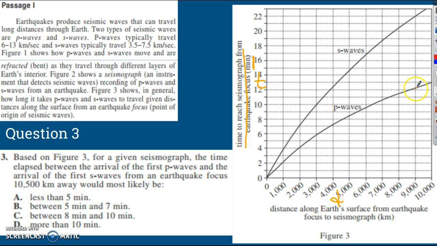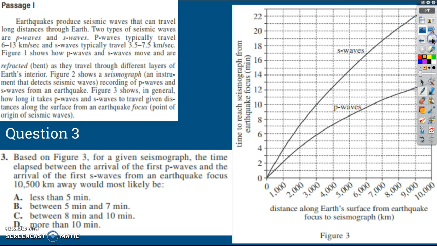Well, let's just try this. 12, 14, 16, 18, 20, 22. That's from 2, 4, 6, 8, 10. This one's going to be more than 10 minutes. If they're spreading out like that, we're probably looking at more than 10 minutes, which is our answer.